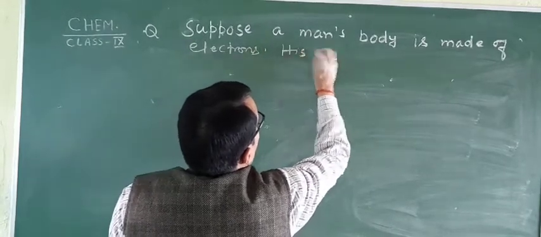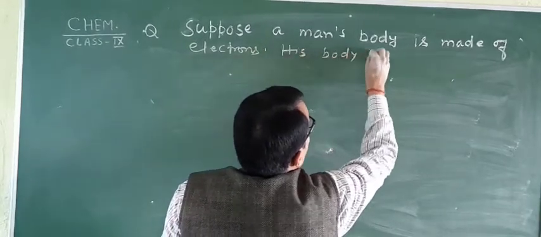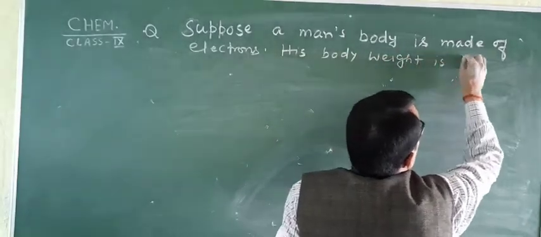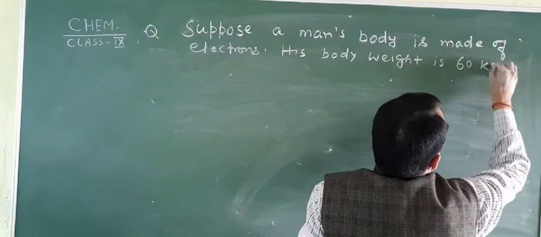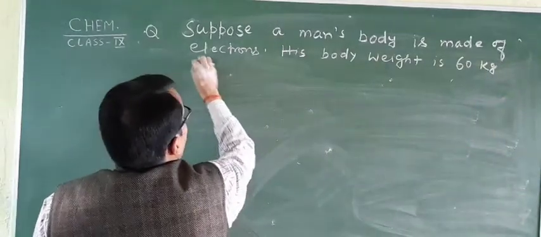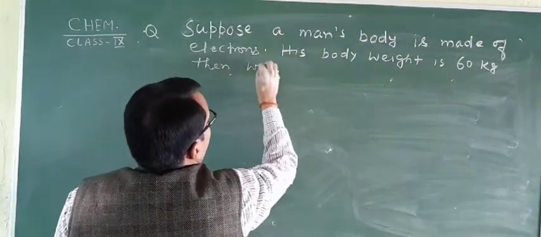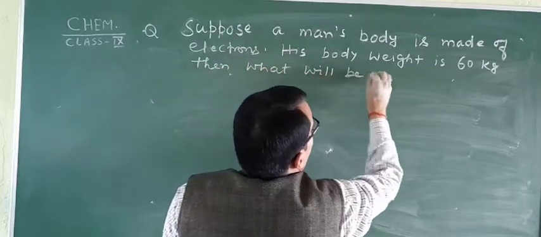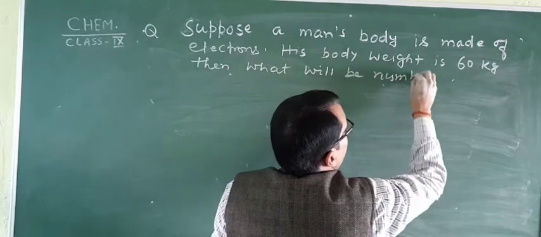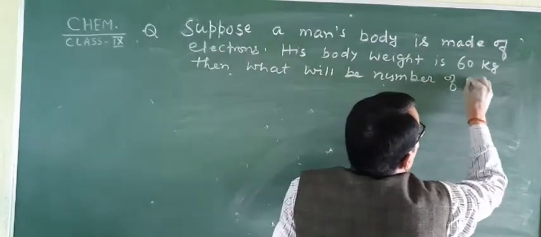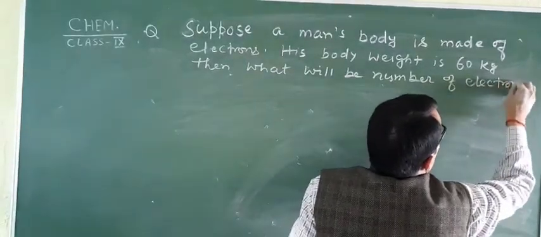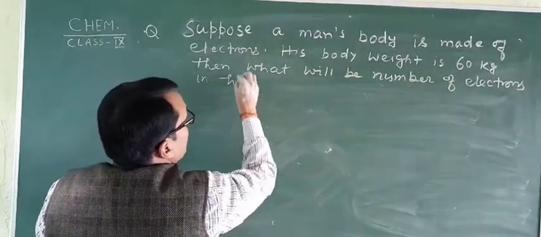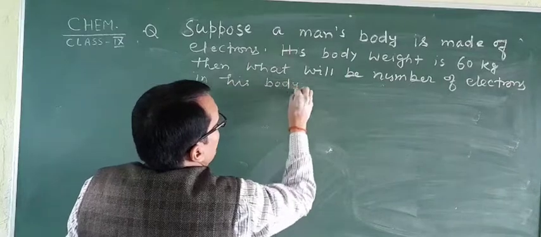His body weight is 60 kg. Then what will be the number of electrons in his body?